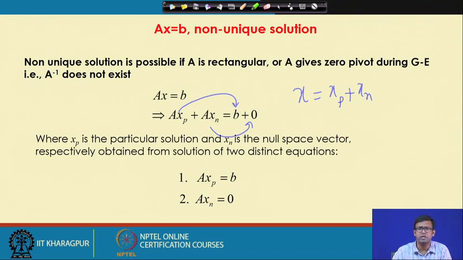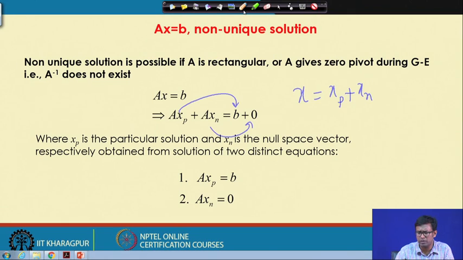The advantage of doing that is Axn is equal to 0 will give me how these infinite solutions will behave, and we will get one solution of Axp is equal to b. We cannot directly get it through a technique like Gauss elimination, as we have seen earlier, because A inverse does not exist and it will give 0 pivot. Still, we will see some method through which we can get one particular solution of Axp is equal to b.